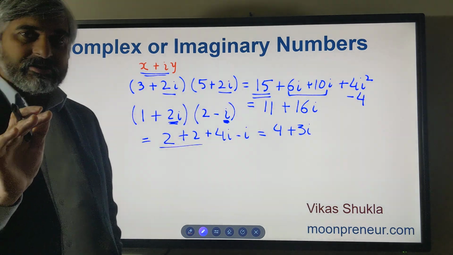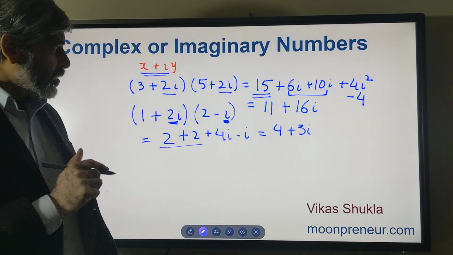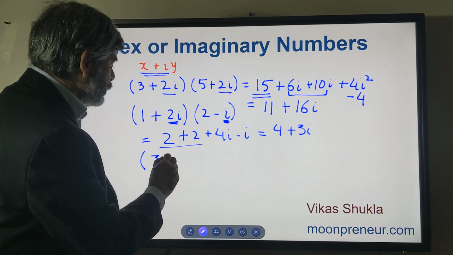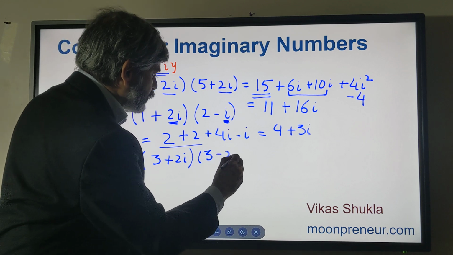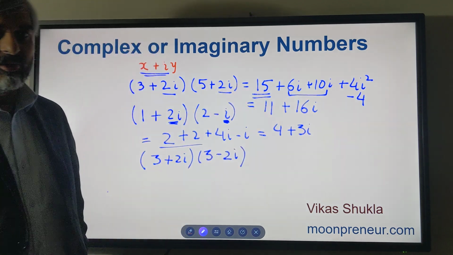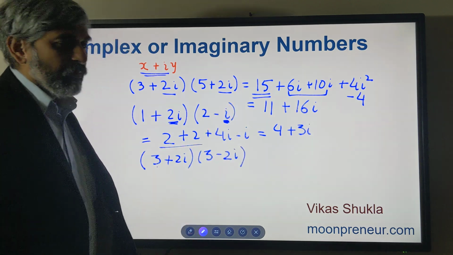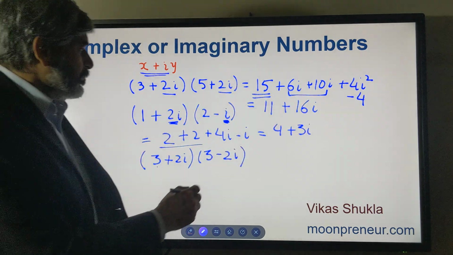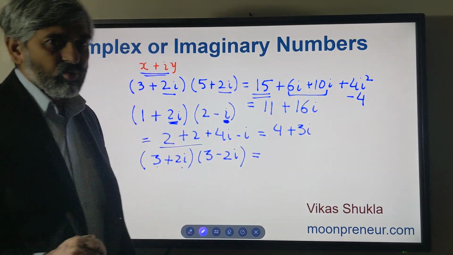There are a few special scenarios that you need to be aware of. That becomes the basis of the next problem we will be doing. For example, 3 plus 2i multiplied by 3 minus 2i. In such a scenario, it is in the form of a plus b multiplied by a minus b, so you can apply the formula a squared minus b squared.